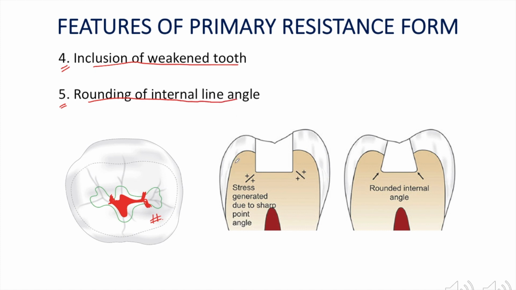If we have sharp line or point angles, they may result in stress concentration in these areas. For example, if this is a sharp point or a sharp line angle, the stresses may concentrate here. But if we round it off like this, it will minimize the stress concentration in both tooth and restoration, and this will prevent the fracture of the tooth and the restoration.